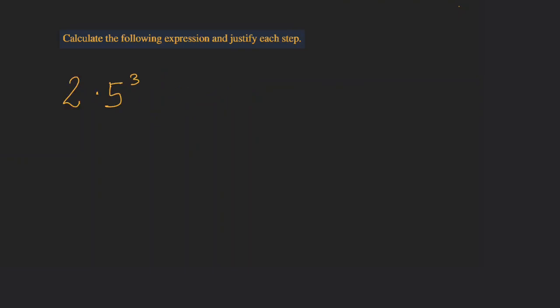In this expression, we see the third power and multiplication. Since powers have priority over multiplication, we have to evaluate 5 cubed first. Since 5 cubed equals 125, the expression equals 2 times 125, which is 250.